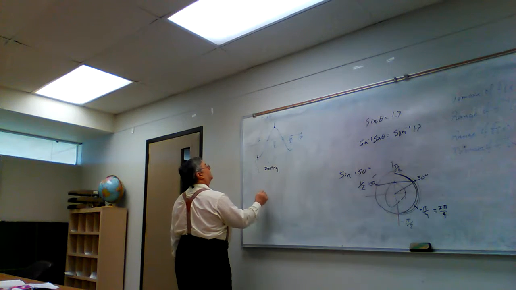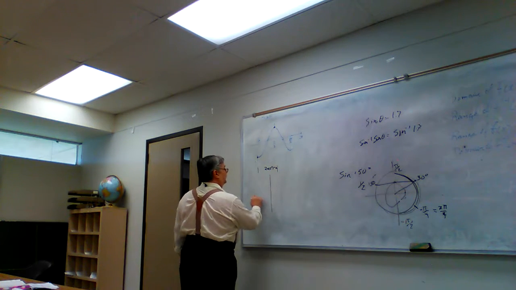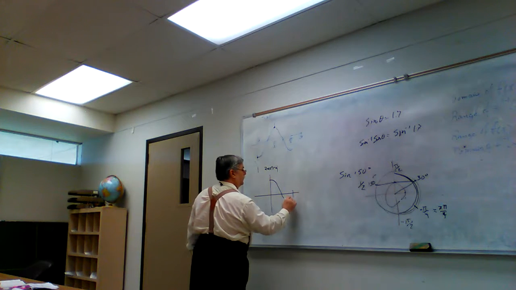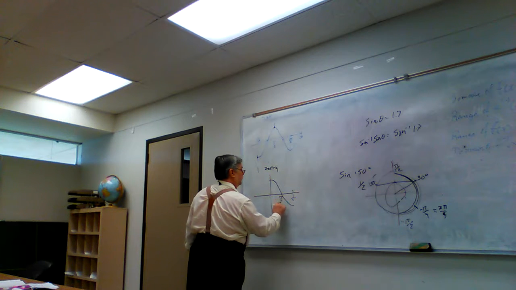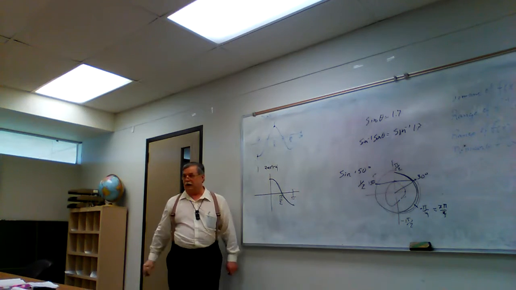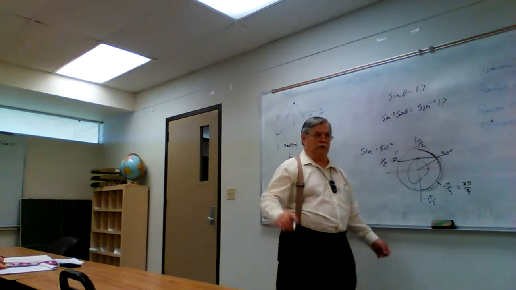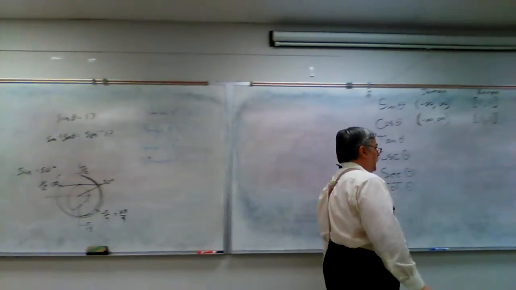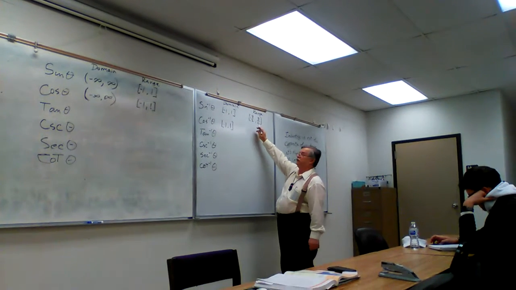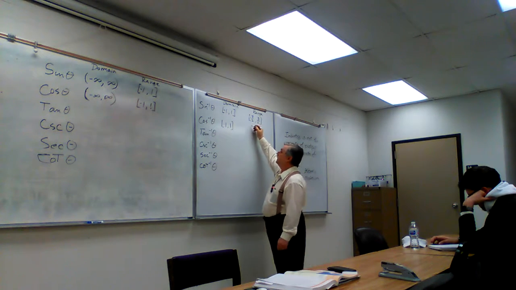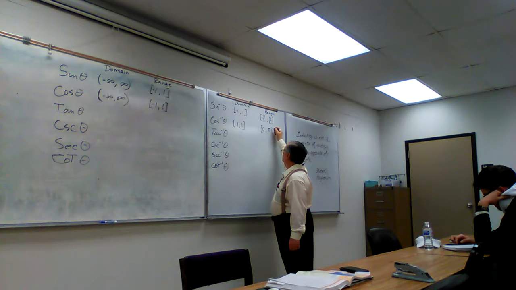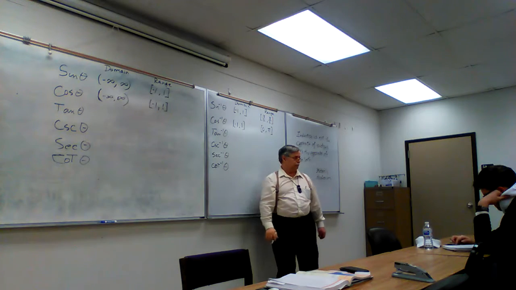It's going to be 0 to pi, because here is that primary interval, that primary domain of the original function that's 1 to 1. So the inverse sine function gives you a range of minus pi over 2 to pi over 2, but the inverse cosine function gives you a range of 0 to pi inclusive.